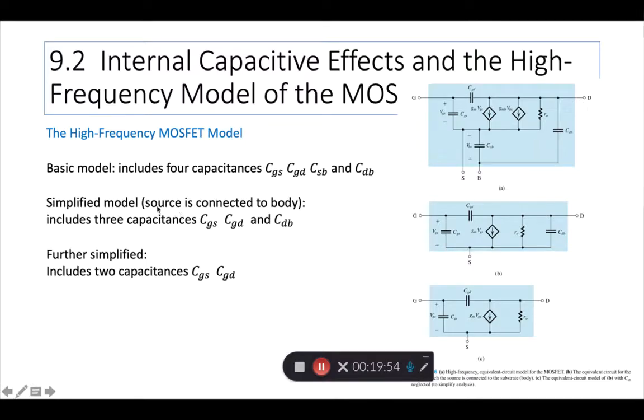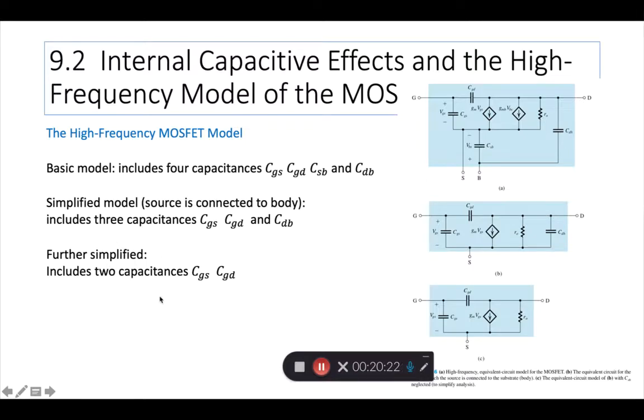Now, the simplified model is used when the source is connected to the body. This occasionally is used. If the source is directly connected to the body, then only three capacitances we have to worry about: CGS, CGD and CDB. CSB becomes 0 pretty much.